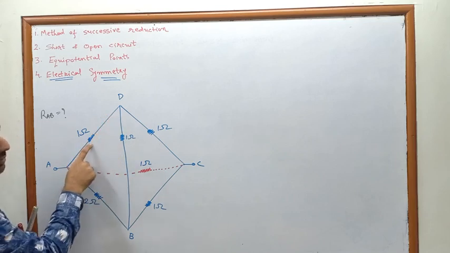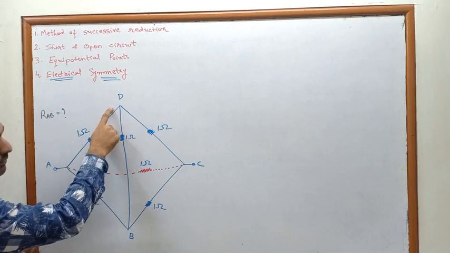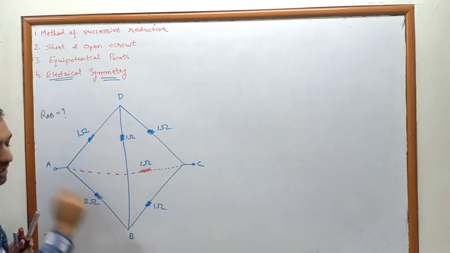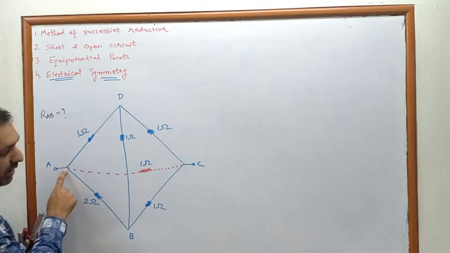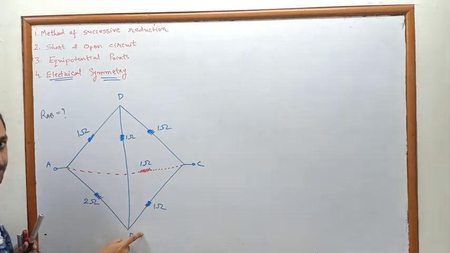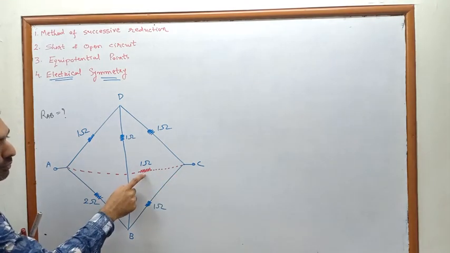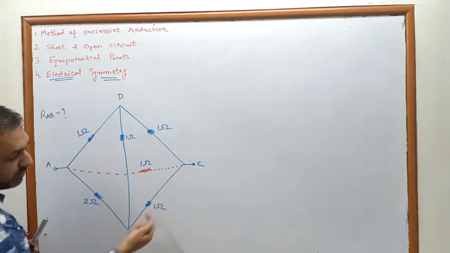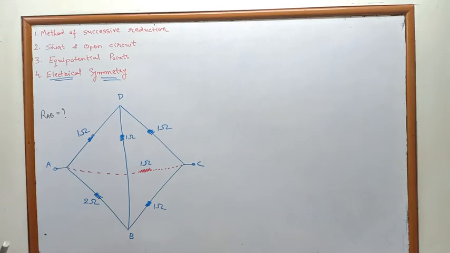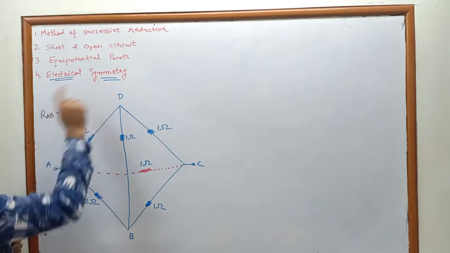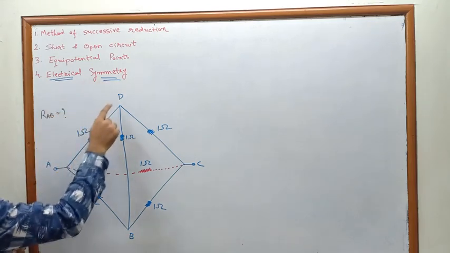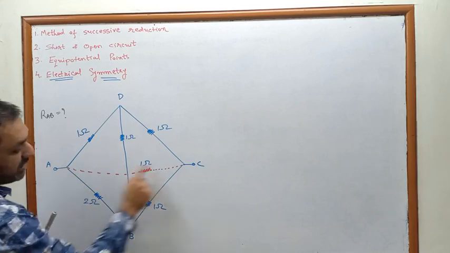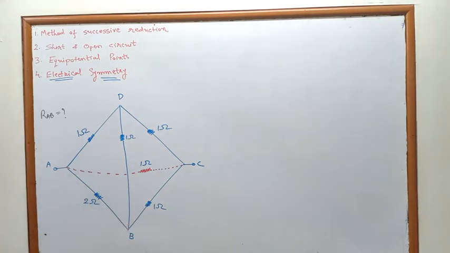You will get a 1 ohm resistor between A and D and a 1 ohm resistor between D and B. Similarly, consider this path ACB. You will get a 1 ohm resistor between A and C and a 1 ohm resistor between C and B. Means you will get electrical symmetry in ADB as well as ACB.